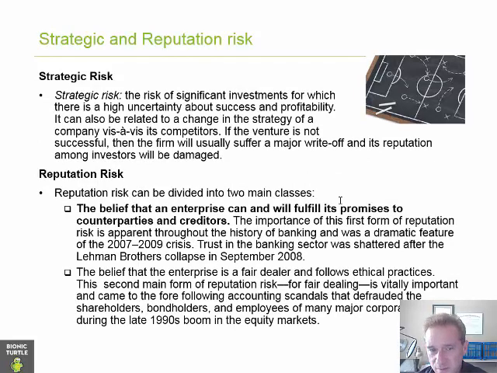We will make a note here that reputational risk is parsed into 2 classes. First is the belief that the enterprise can or will fulfill its promises to counterparties. And the second is more of an ethical perspective, the question of whether the enterprise is a fair dealer and follows ethical practices.